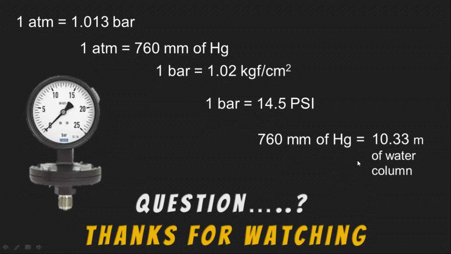For measurement of small pressure differences, we use mm of Hg or meter of water columns. For that, use 760 mm of Hg is equal to 10.33 meter of water column. So these are important units. Hope you are getting it.